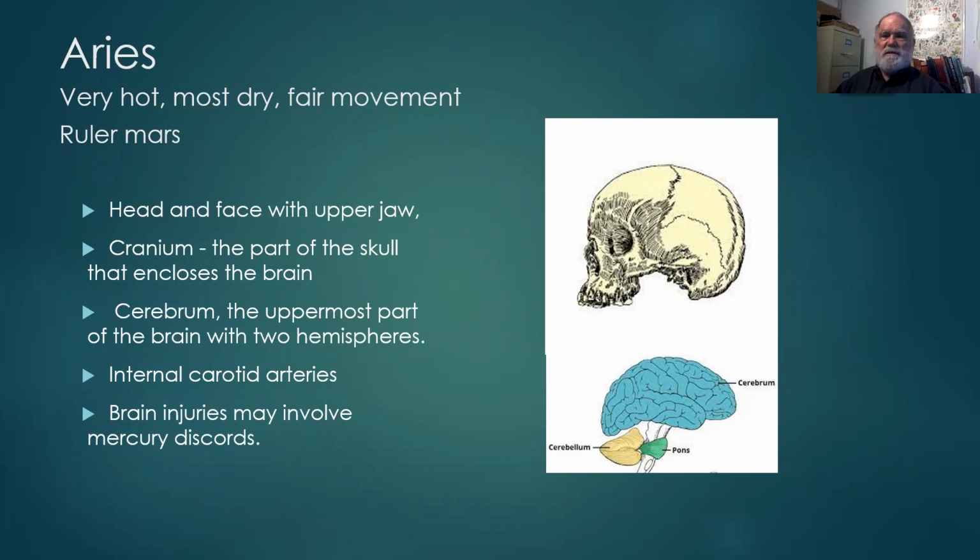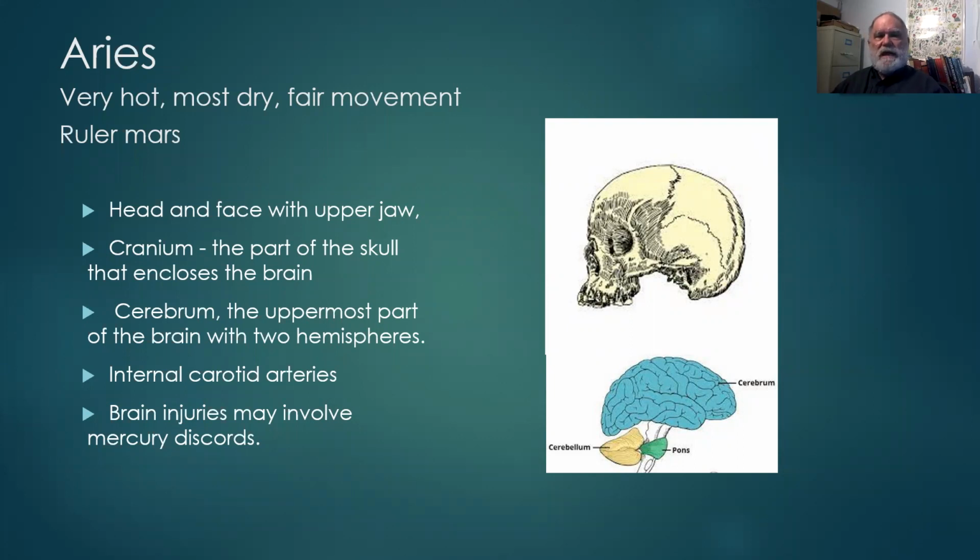Our correspondences here. I have the benefit of having had a medical anatomy course in medical school, so I know a lot about the organs and the zones and the regions here, and some of the terms used in the book that some people might not know the relevance of. So we can see here Aries.